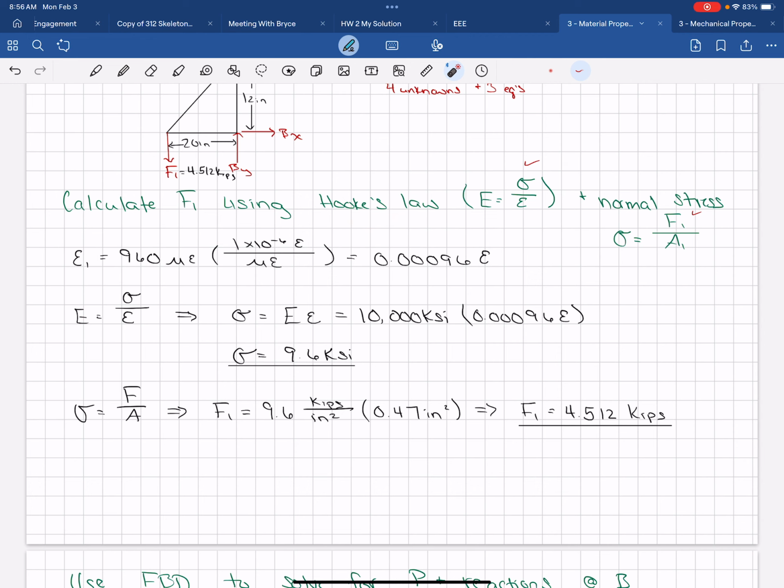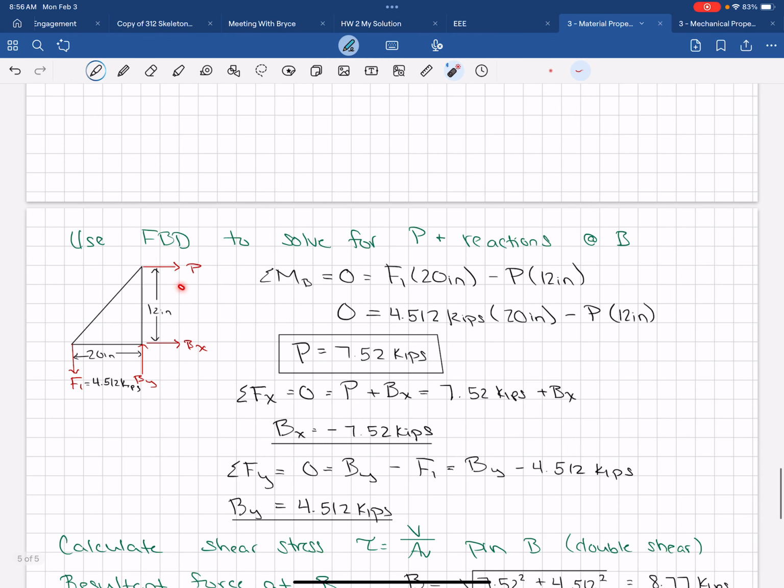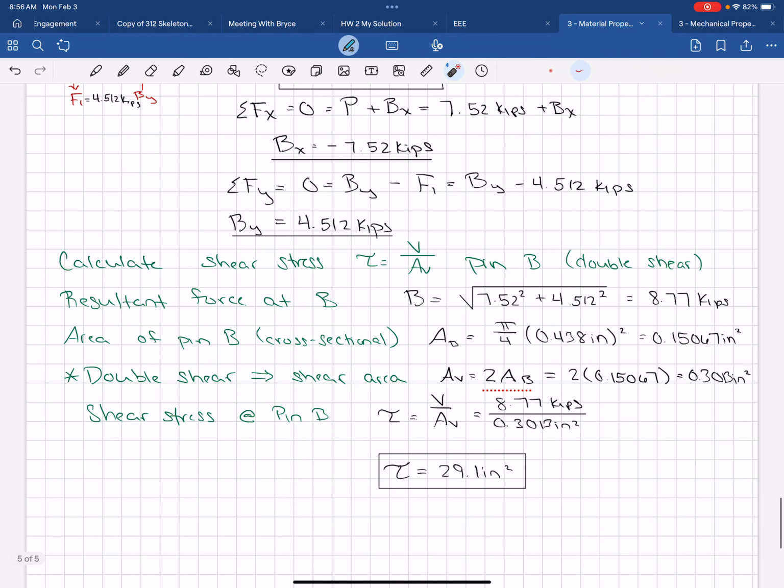Once we had F1, we could use our free body diagram, and then we could solve for P and the reactions at B. And then with the reactions at B, we could find the resultant force, double shear, and solve for the shear stress.